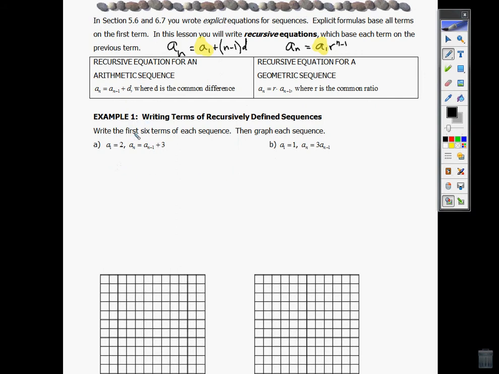What we want to do here is write the first 6 terms in each of these sequences. The first one is going to be an arithmetic recursive sequence. The second one's going to be a geometric.